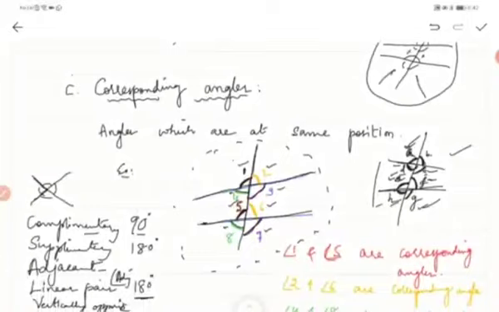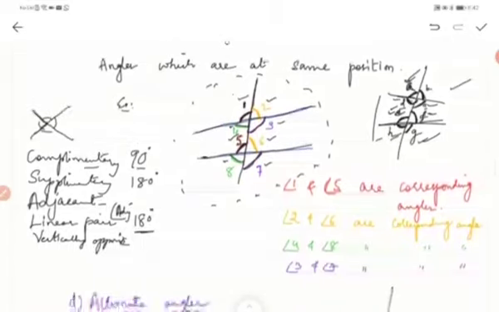Corresponding angles are what? The angles which are at the same position. I hope you will repeat these angles again and again. You need to repeat it louder. I am repeating these angles again and again so that you can remember them very well and it becomes easy for you. I will stop here in this video.